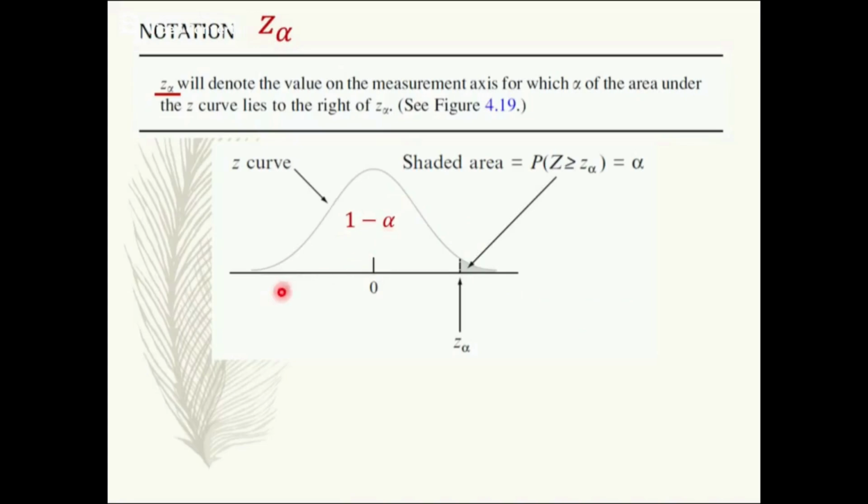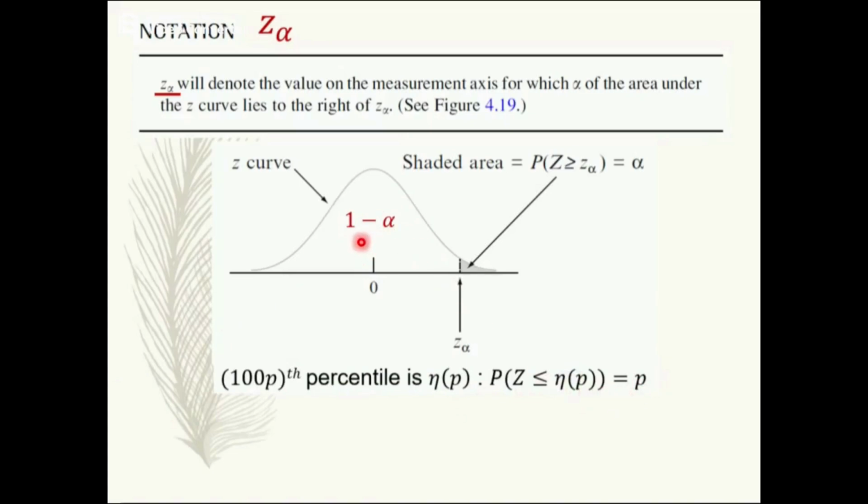So let's just have a look at the definition of a percentile before I get back to that. Remember, the 100 p-th percentile is some value eta p such that the area to the left of that value is equal to p. Now in this example, the area to the left of Z alpha is 1 minus alpha.